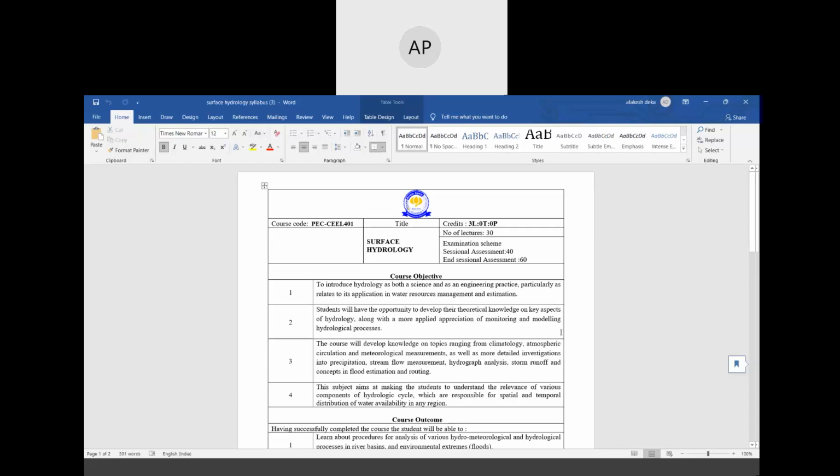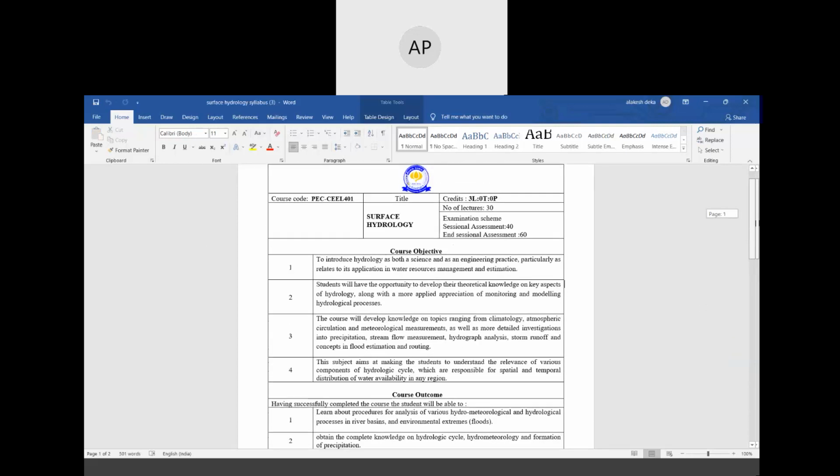Basically you have project in 7th sem and both in 8th sem. Surface hydrology is applied in the application of water resource management and estimation.